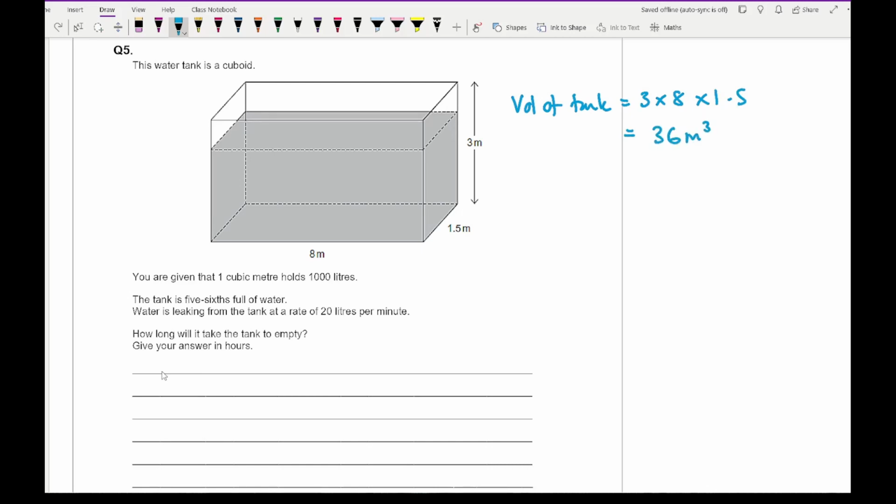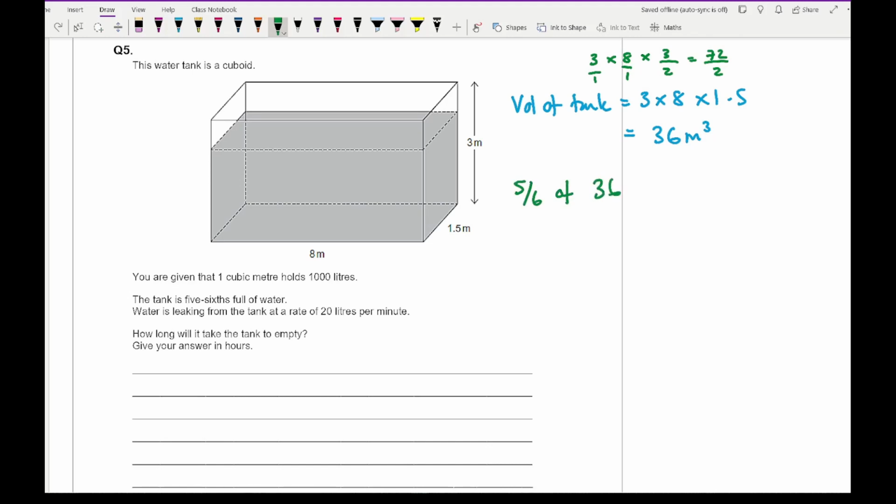Now if you're not too sure how to do this without a calculator, then I would probably suggest that you work with fractions. So you've got 3 times 8 times 3 over 2, and then it's just a case of 3 times 8, or 9 times 8, which is 72, over 2, which gives me 36. Then from this, what we need to do is work out 5/6 of 36.